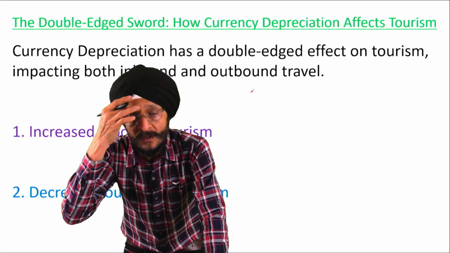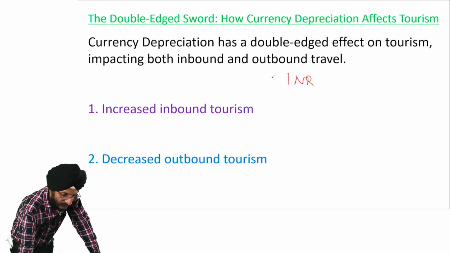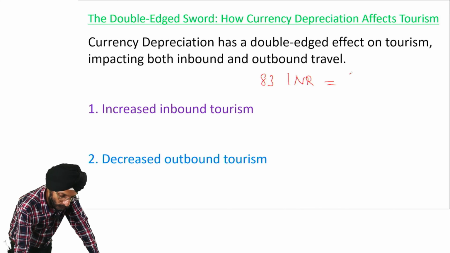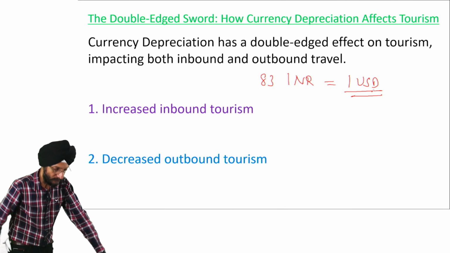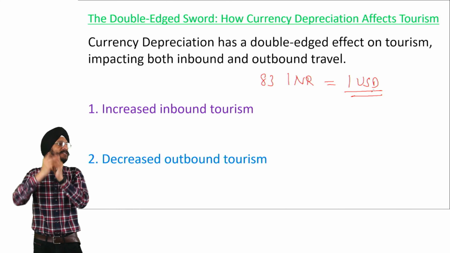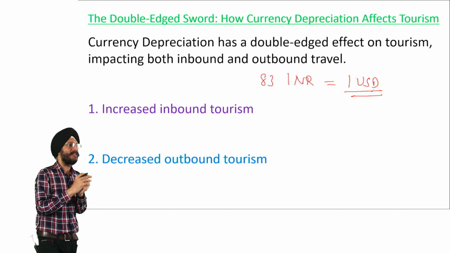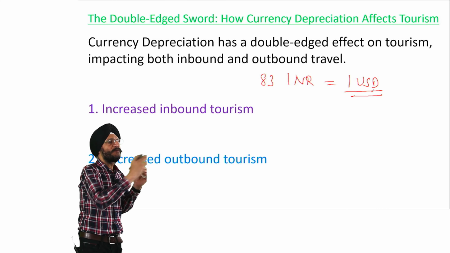Suppose we are living in India and here the currency is the Indian rupee, and approximately 83 Indian rupees are equal to 1 US dollar. Suppose foreigners from the USA, or residents of the USA, make a program to visit India.